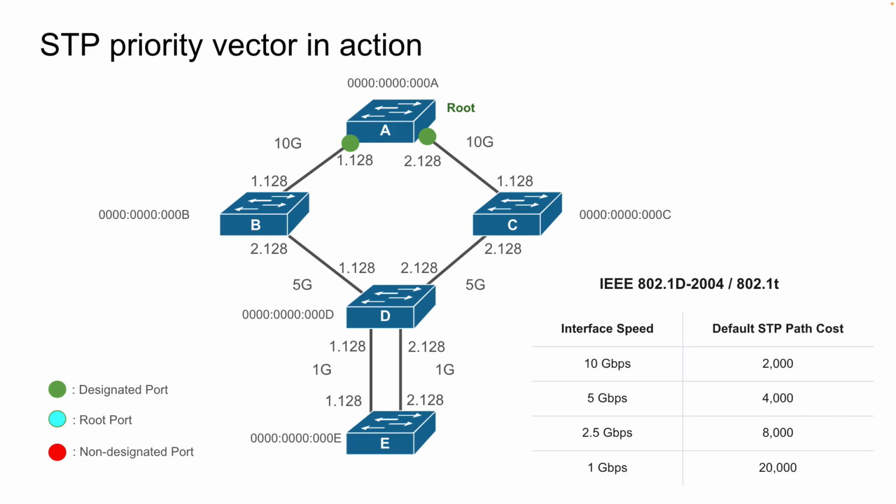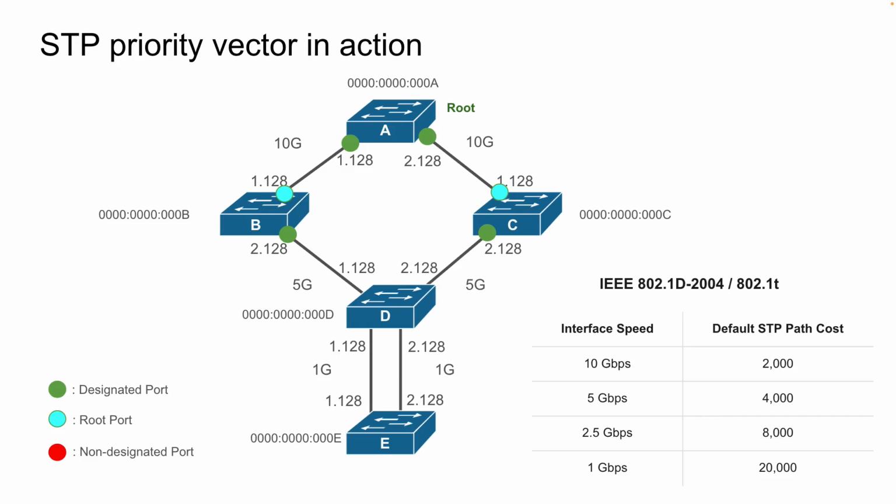Then switch A continues sending out its own BPDU frames, and switches B and C are able to choose their root ports. Root ports are the ports that are connected to the root bridge, and the designated ports are the ports towards switch D in this diagram.